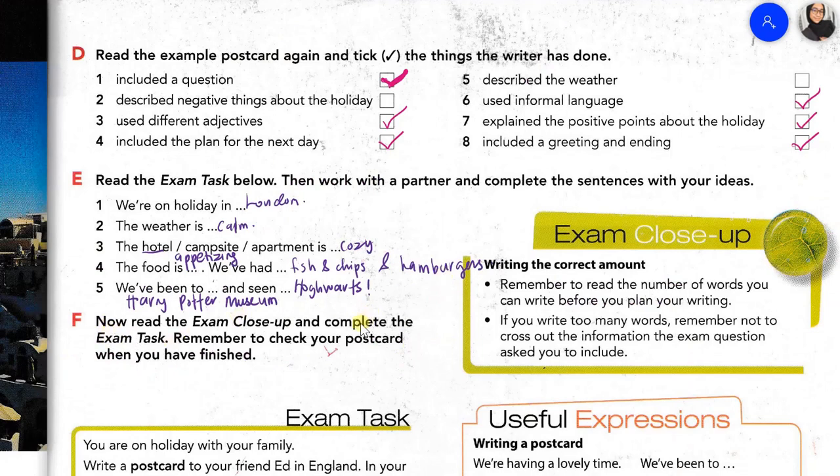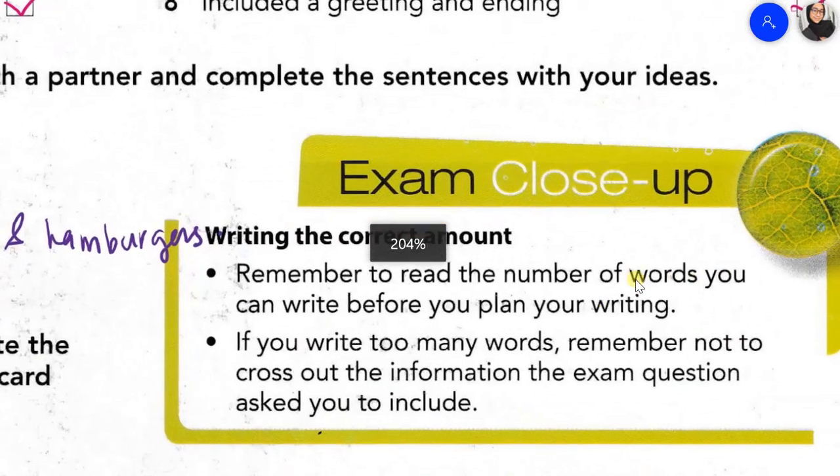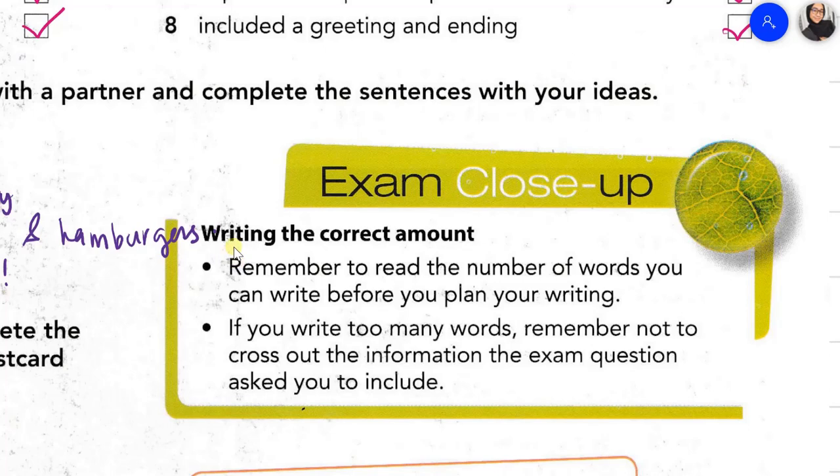Now read the exam close-up and complete the exam task. Remember to check your postcard when you have finished. Okay, let's look at the exam close-up here. Writing the correct amount. Basically when writing a postcard, you need to write the correct amount. Remember to read the number of words you can write before you plan your writing. In this case, the number of words of our postcard is 35 to 45 words.